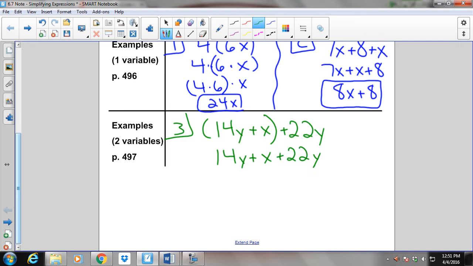I'm sorry, we are going to change the order. I'm going to get rid of their groupings because that grouping doesn't matter. So we're going to get rid of the grouping and then reorder it using the commutative property. I always want to put an N in there, but it's commutative. So we're reordering it.